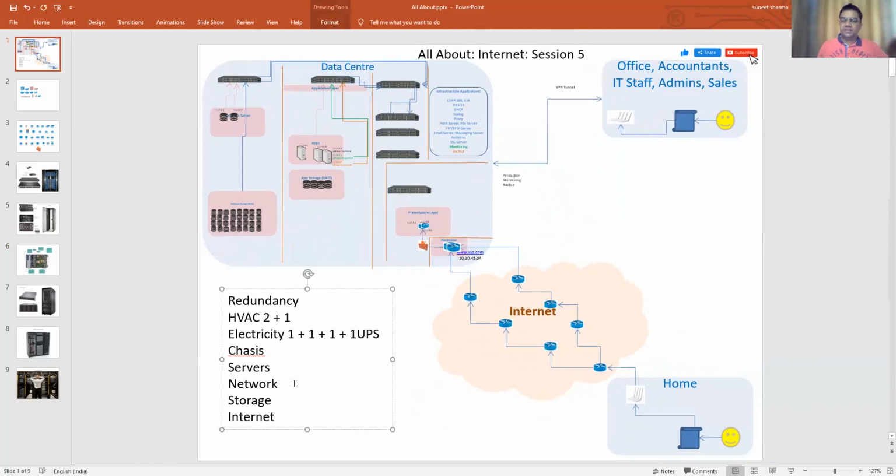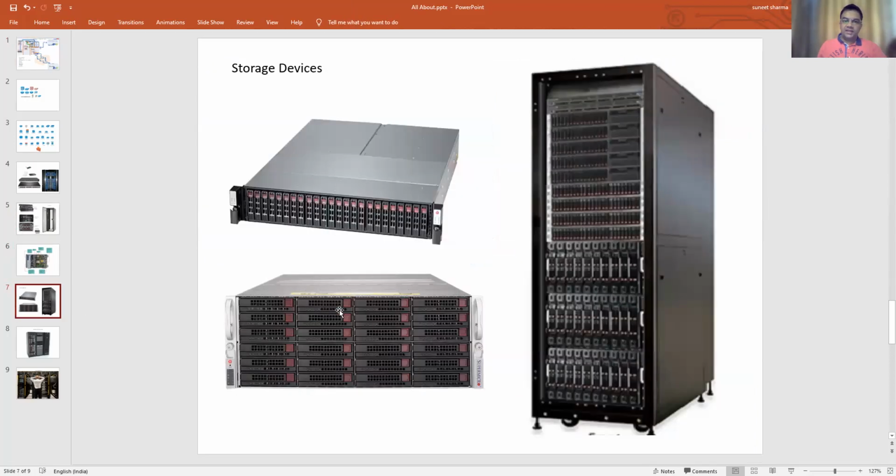Okay, so server is there, network is there. Now we have to understand so many terms, and we will talk about each and every term one by one. Storage, we know that is redundant. The wonderful thing about the storage is that if you open it, you will see two backplanes. If one is down, another will take care.